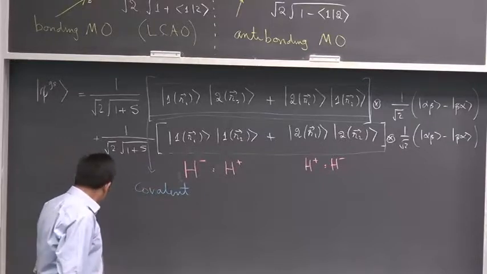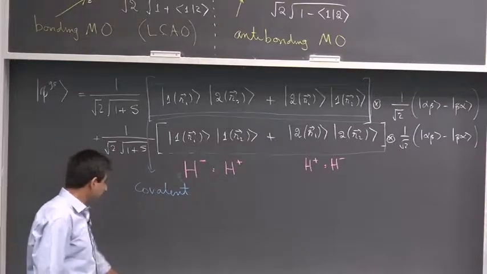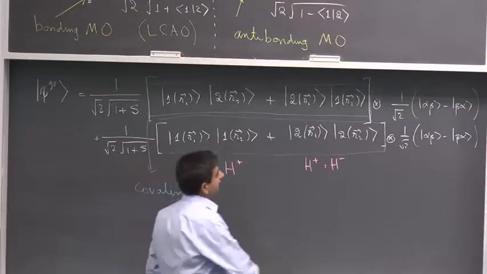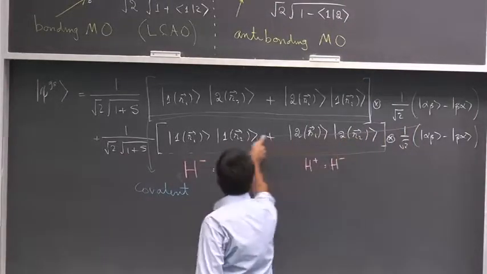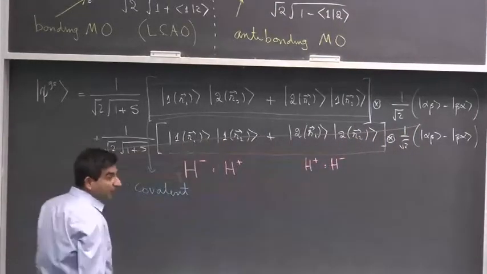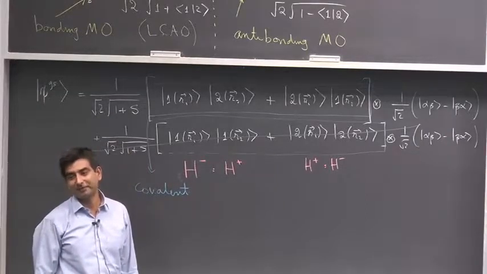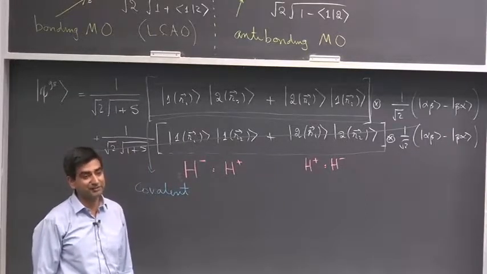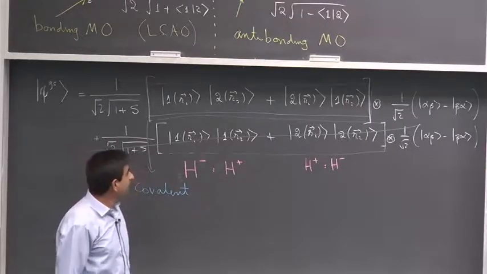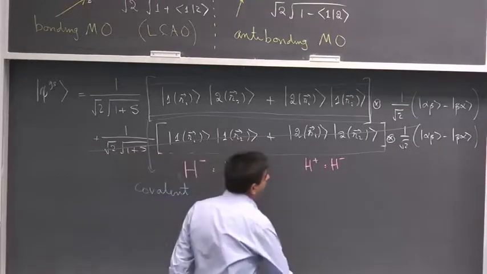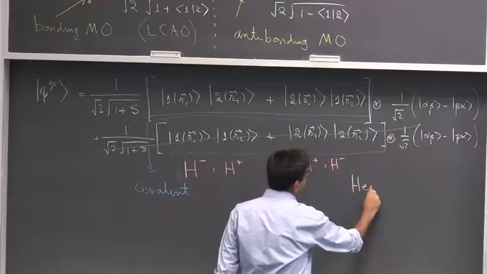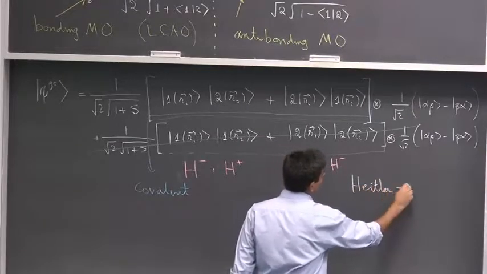Now the approximation made by Heitler and London was that they ignored this term in calculating. What we're interested in is calculating the energies. In their paper, this is called the Heitler and London approximation.